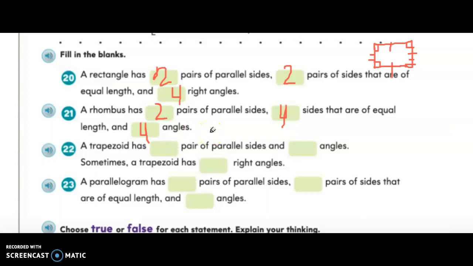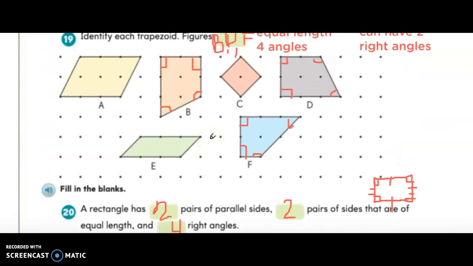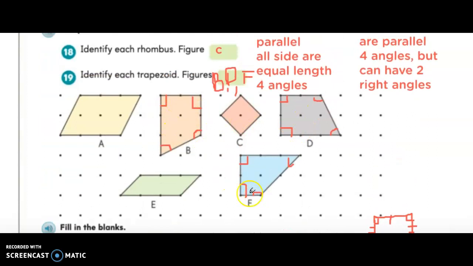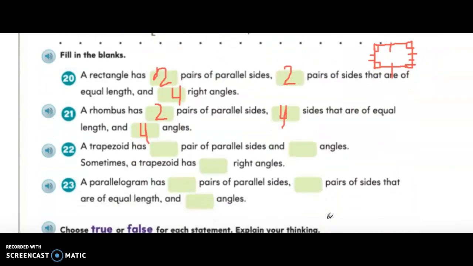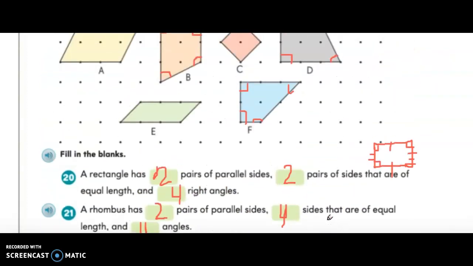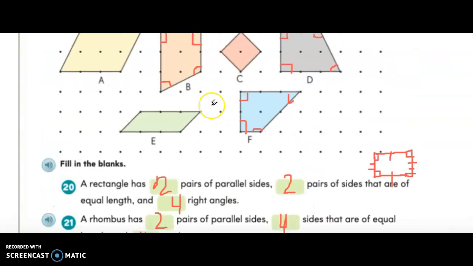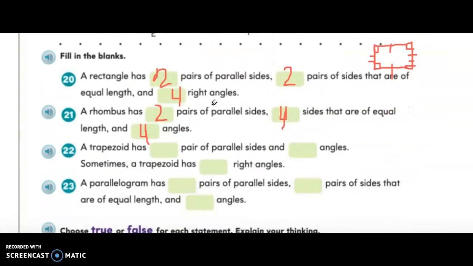All right, now a trapezoid. A trapezoid was also the ones we did up here. We have B, D, and F all as trapezoids. So a trapezoid has how many pairs of parallel sides? So this one's the one that kind of sets it apart. Okay, it only has one pair of parallel sides.